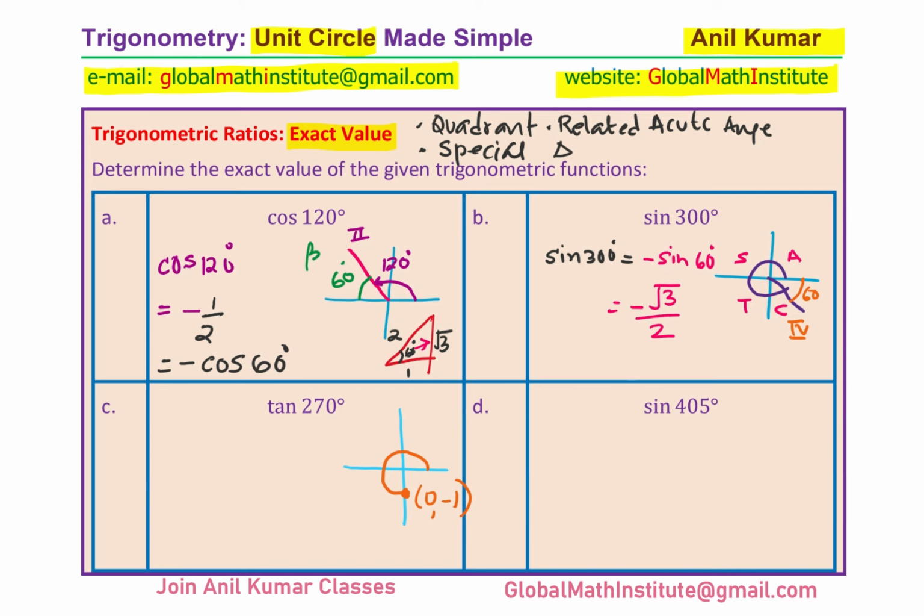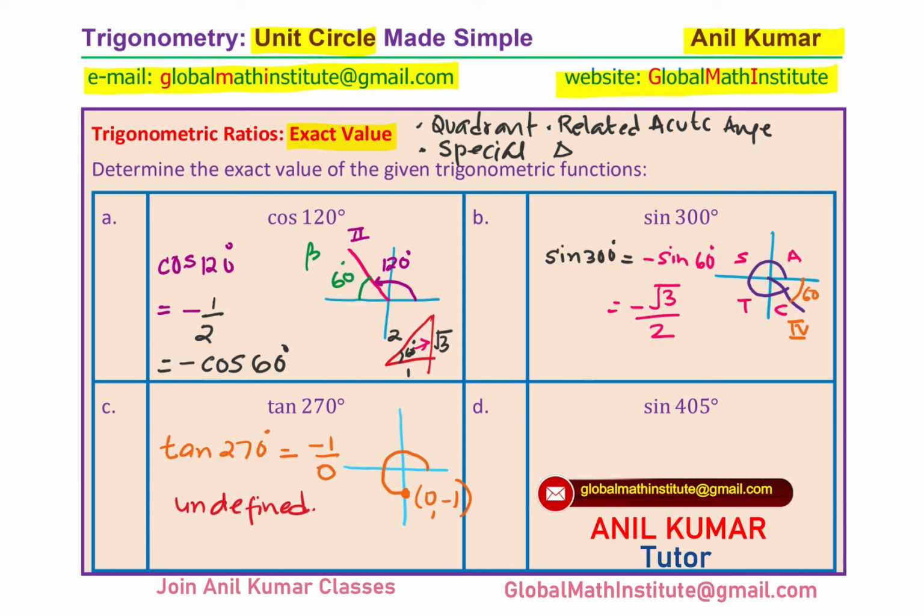So you could write tan of 270 degrees as equal to minus 1 over 0. And since you cannot divide by 0, it is undefined. So this value is undefined. Makes sense? Sine over cos is tan theta. Cos is 0 for 270, and therefore tan is also not defined.